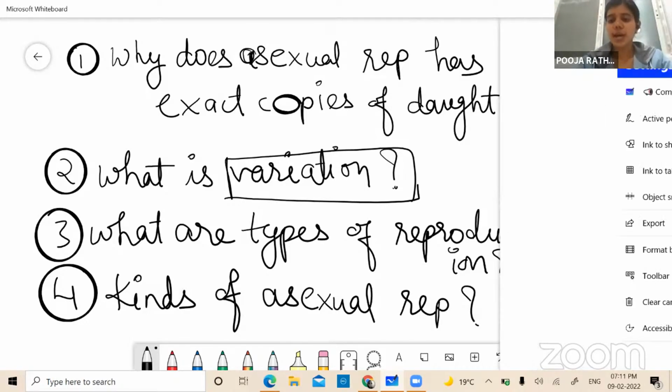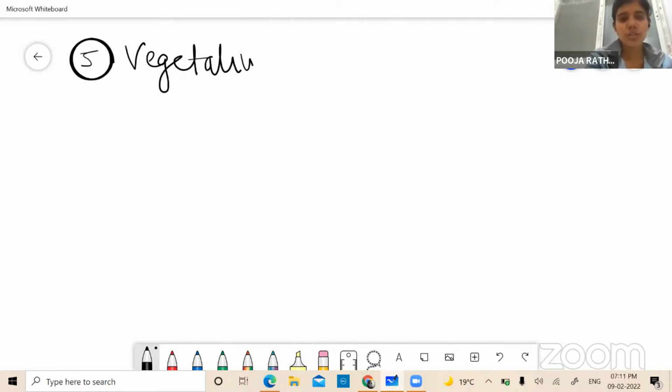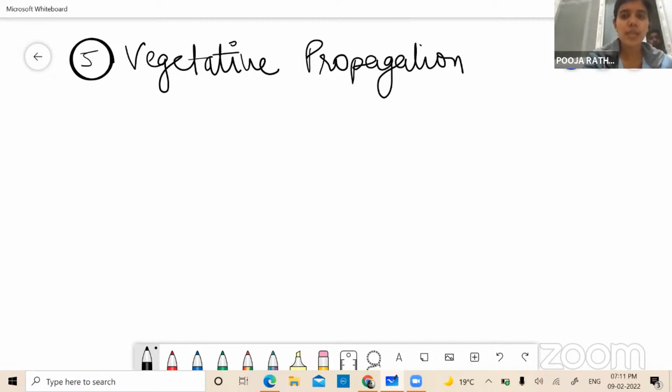The next question which might be asked from this session is, what is vegetative propagation? Vegetative propagation is when a plant reproduces asexually.